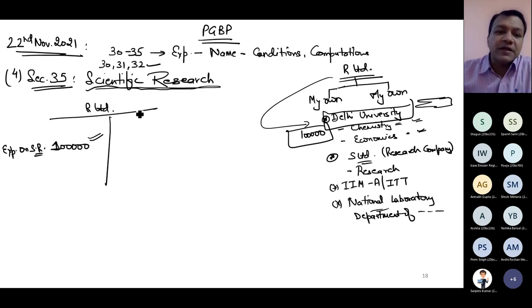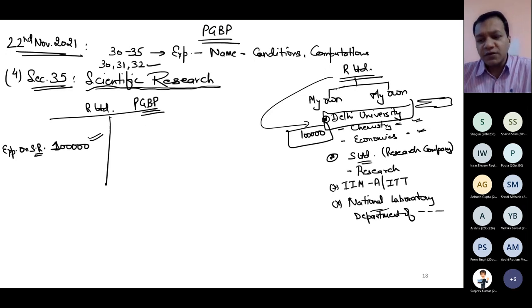for those people who prepare a P&L account, R Limited can be an individual also. If I'm preparing a P&L account, that means I'm showing my business income or professional income. I can debit the donation which I am donating for scientific research purposes. This is the benefit of Section 35.